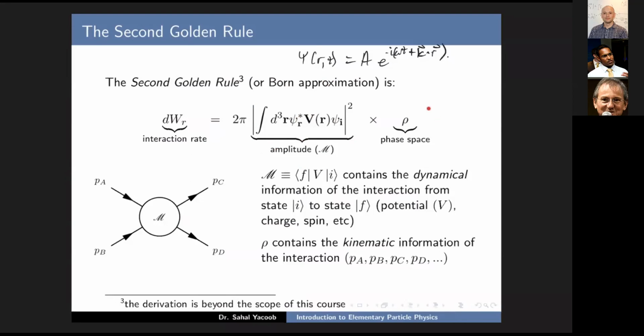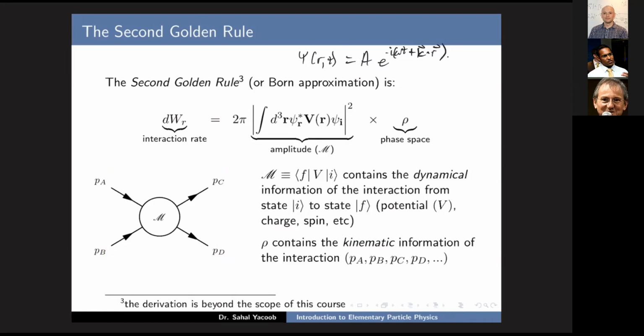The other part of that is the phase space. The phase space contains the information and basically enforces that the energy coming in must equal the energy going out, and the total momentum coming in must equal the total momentum coming out.